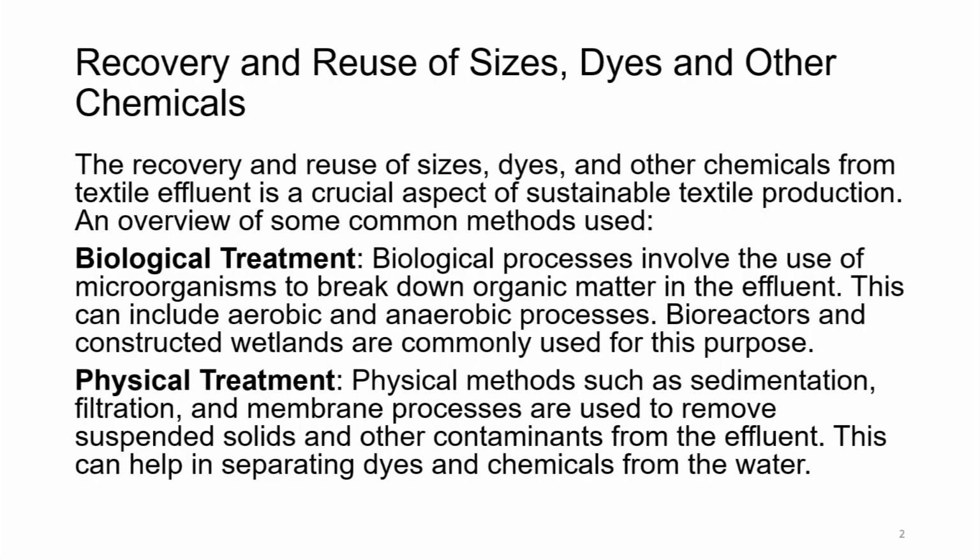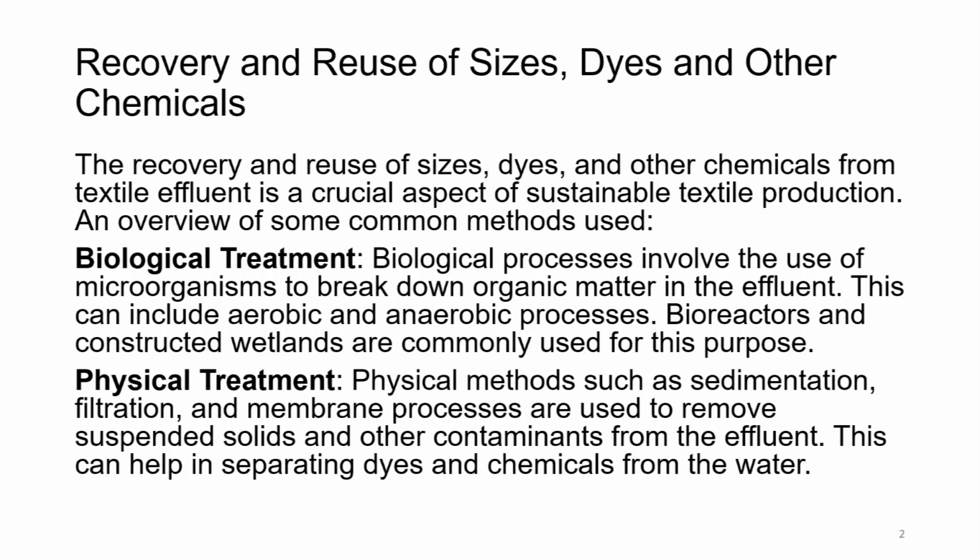Physical treatment. Physical methods such as sedimentation, filtration and membrane processes are used to remove suspended solids and other contaminants from the effluent. This can help in separating dyes and chemicals from the water.